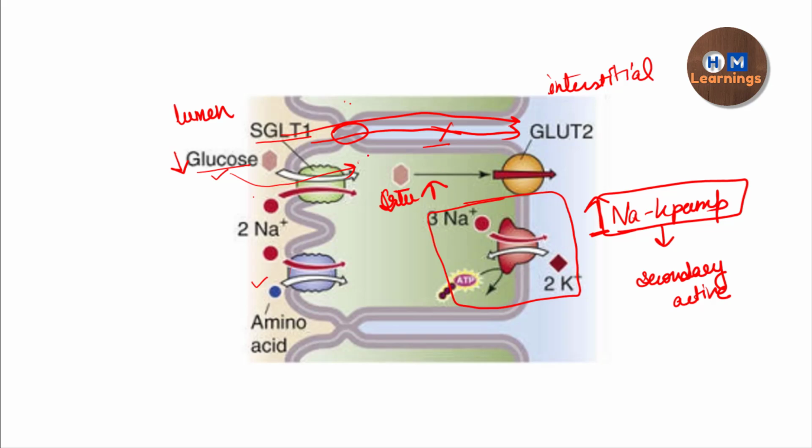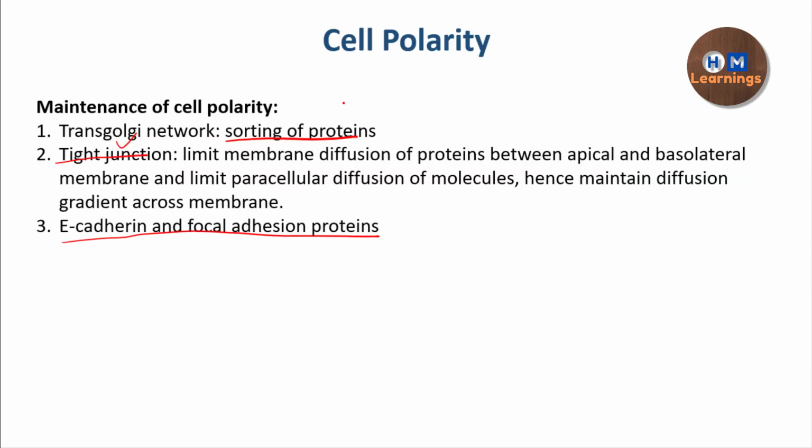Because if it is transported this way, by diffusion the gradient will remain the same throughout this environment. So ultimately the glucose absorption could not happen as it should. So it is going to limit the paracellular diffusion so that the gradient could be maintained and the transport could happen efficiently. Another thing is that it is going to limit the diffusion of the proteins inside the membrane.